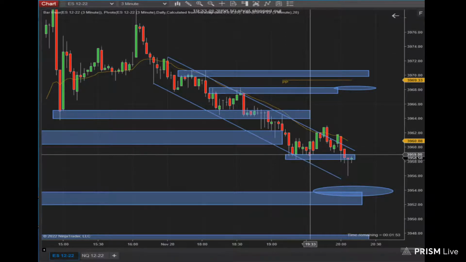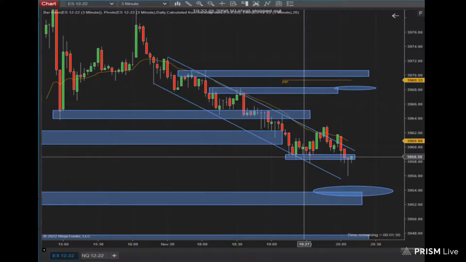I think my trade right here was way too early. Way too early.